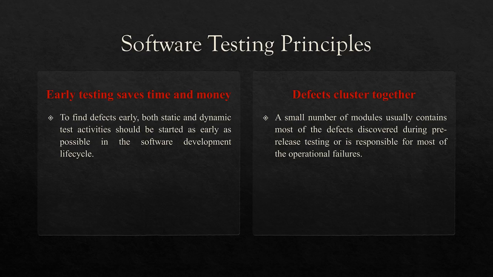Fourth principle is defects clustered together. A small number of modules usually contain most of the defects discovered during pre-release testing or are responsible for most of the operational failures.